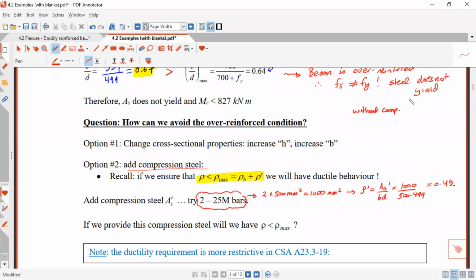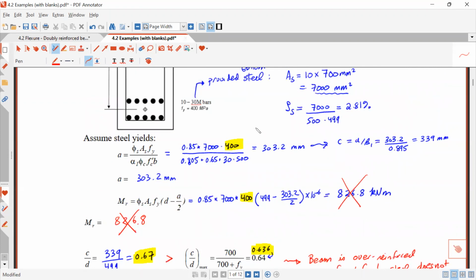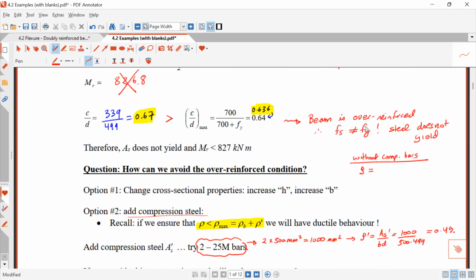Okay, so let's look at these two situations. Without compression bars, our rho, we remember from the top, is 2.81%, right? And if I look up f prime c of 30 MPa in table 2.1, we said at the top of the table it gives you the rho balance.